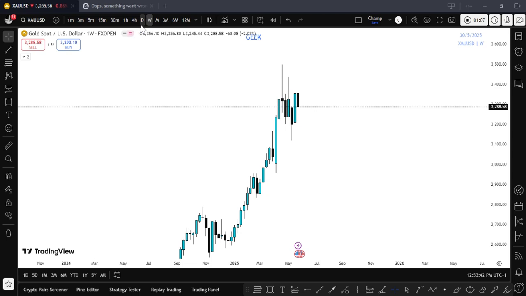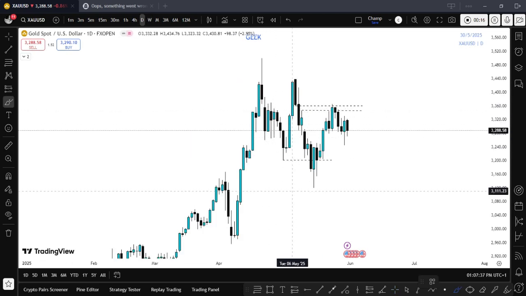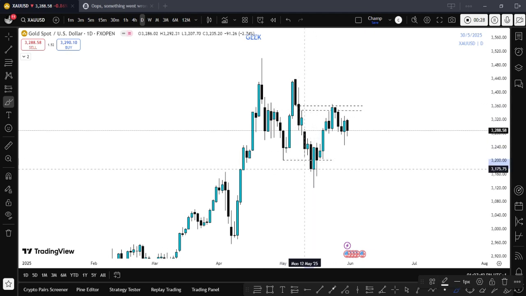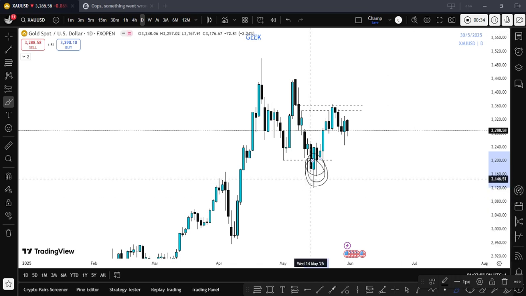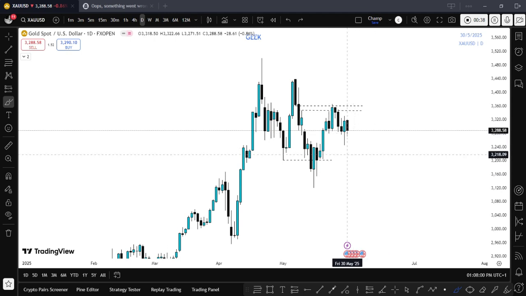We go down to the daily chart. What has price done on the daily chart? Price has tapped into this high here. We have this long wick and rejected, creating this. We have this fair value gap here with this break of structure here. This is a break of structure because I am seeing price breaking it with the body. So what am I anticipating?